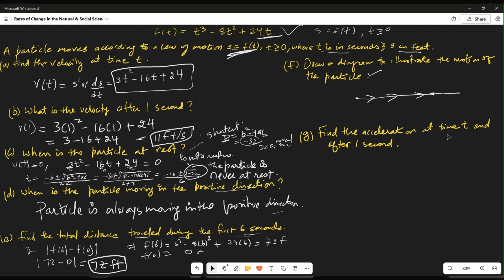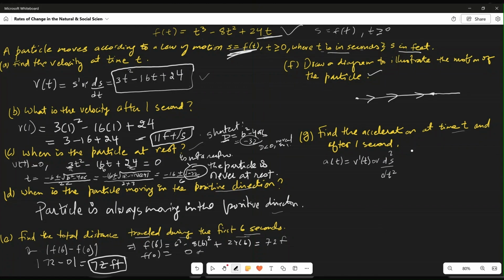Find the acceleration at time t and after 1 second. Acceleration is the derivative of the velocity function, the second derivative of the position function. You can check my previous video as well for finding the second derivative.